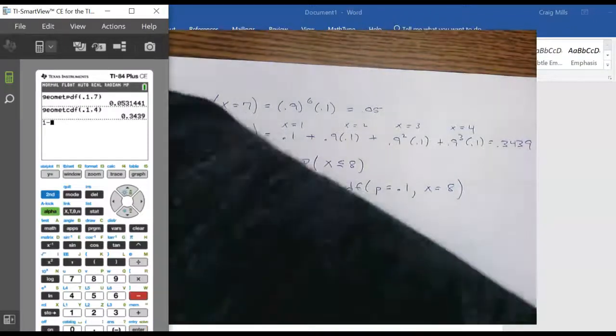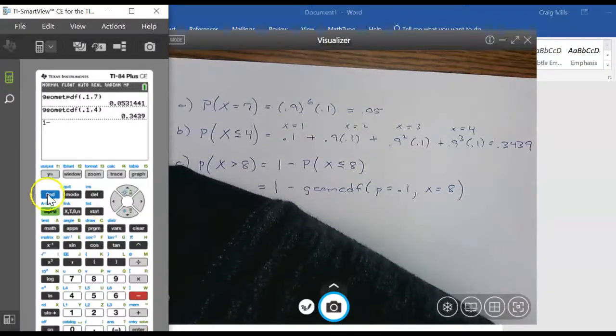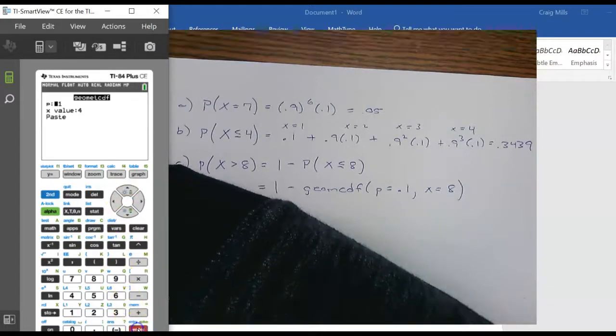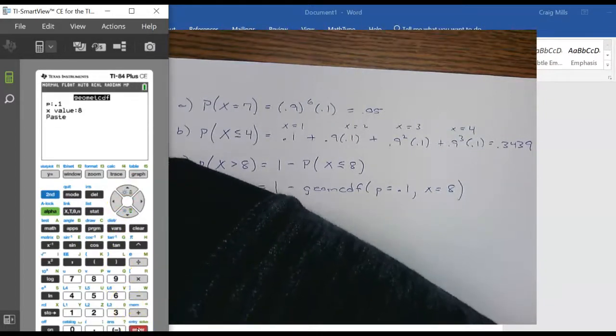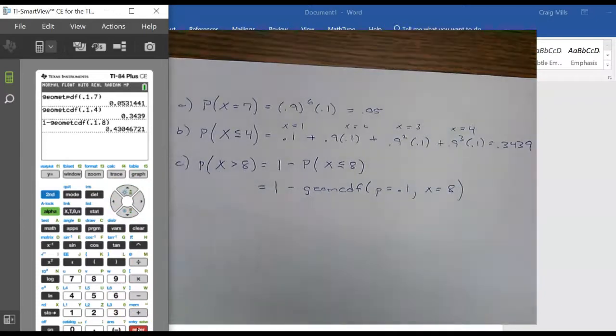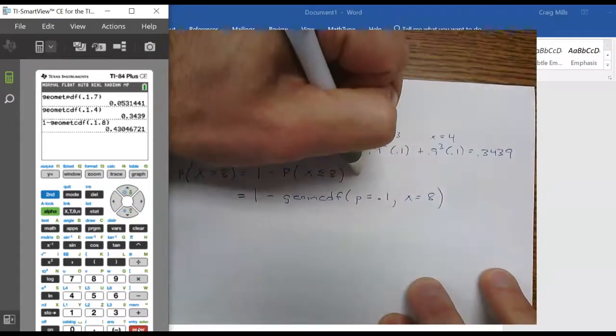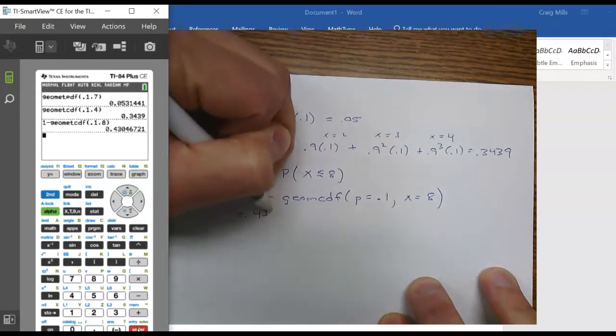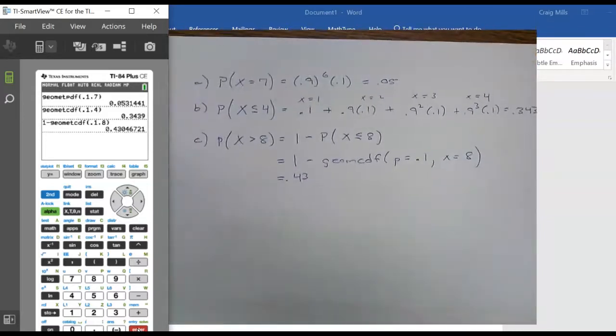So if I do 1 minus geometric CDF of 0.1 and 8, I'm going to get 43%. There's a 43% chance that I'm going to have to check more than 8 people before I find the first person who's left-handed.